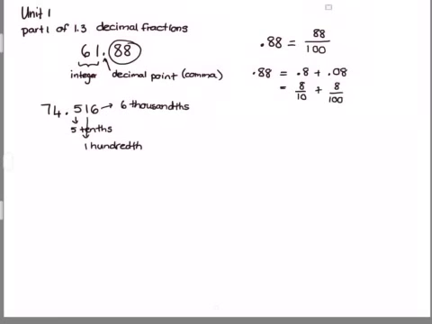Right, now we're going to look at rounding. Rounding is a similar value, but less exact. And there are different situations in which we need to round. A good example is the value of pi.